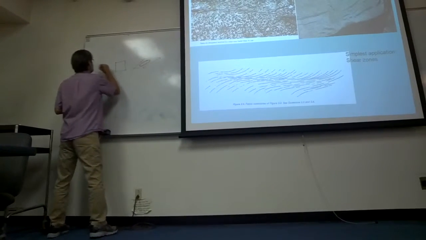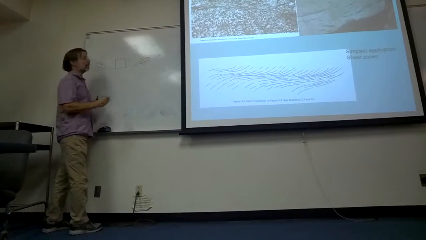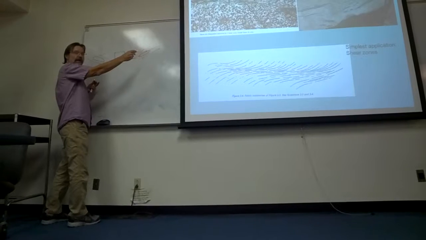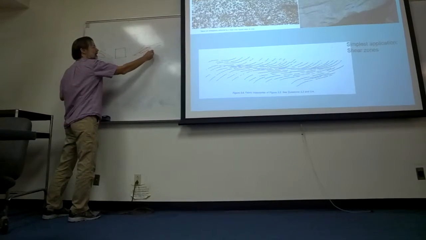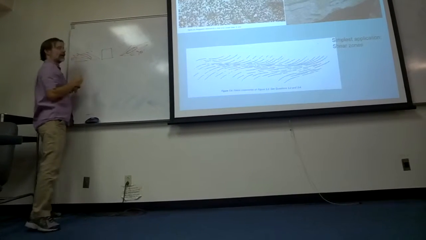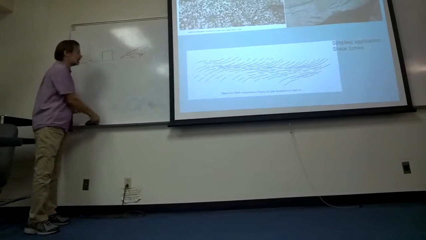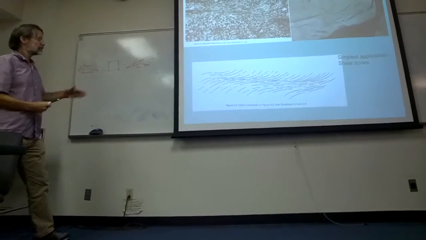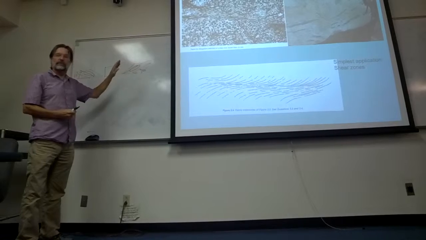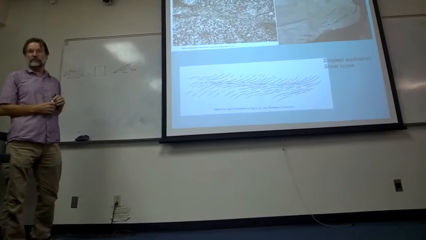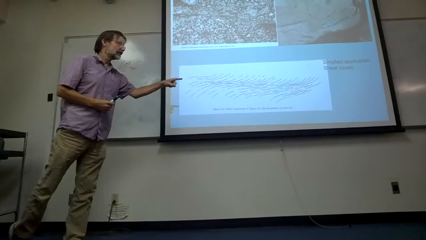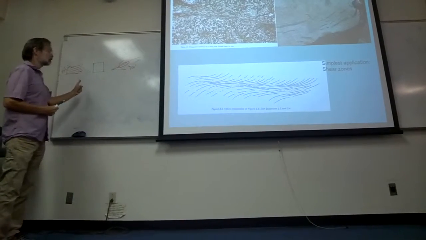Here's a strain ellipse. The axis of the strain ellipse is the long axis of objects. And there's this angle theta prime. Here's this long axis, theta prime. What's a real simple generalization in terms of the trajectory of those object shapes, in terms of which way did it go? In this case, which way did it go? Did it go top right, or did it go top left?